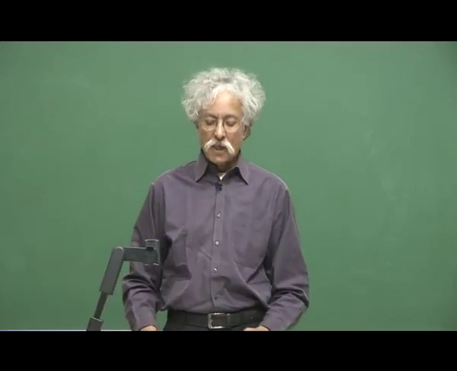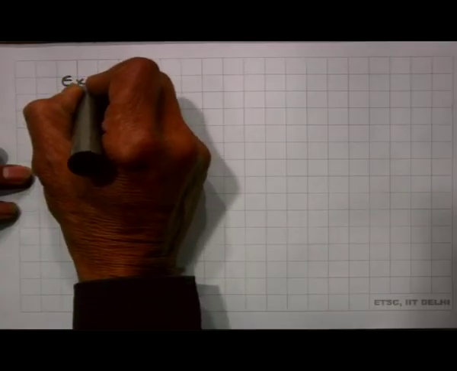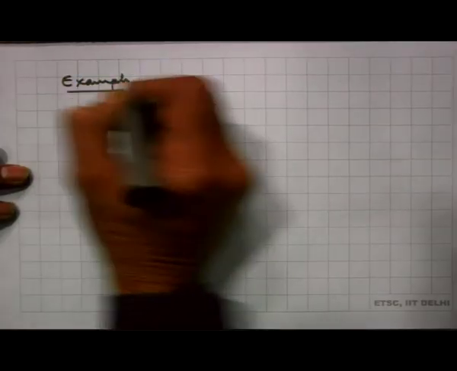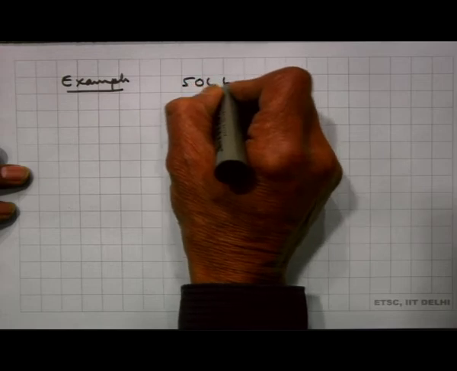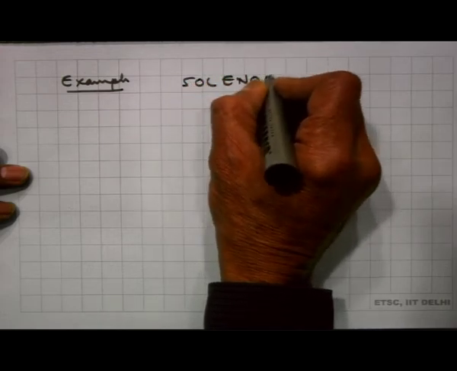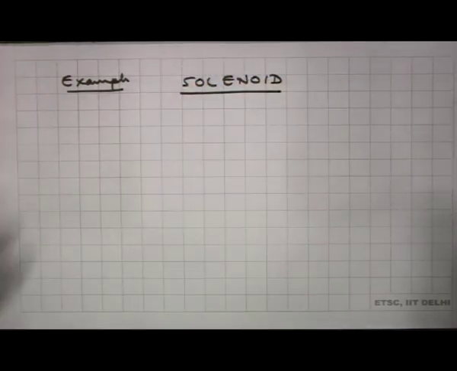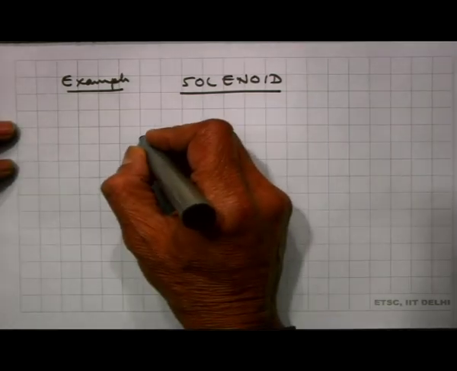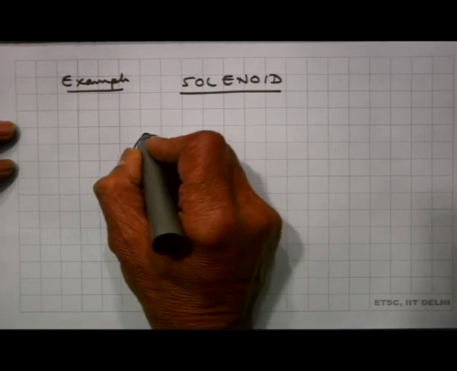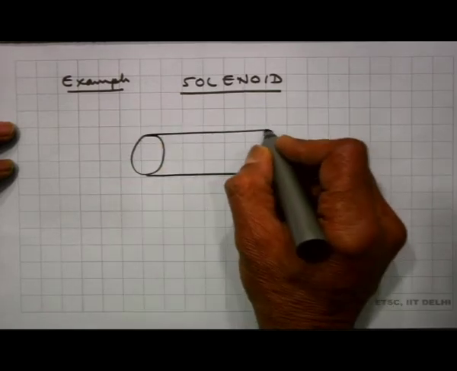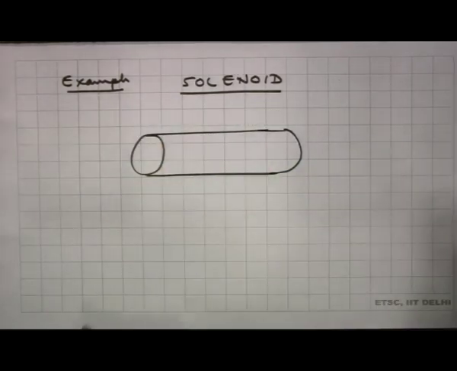Now, I want to look at another very important device. Another example: solenoid. A solenoid is a device which usually has a circular cross section, and it has a current carrying wire wound around it.